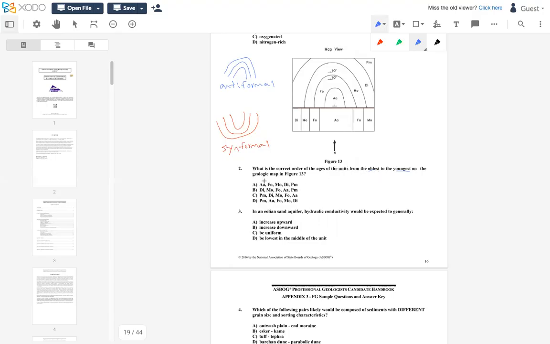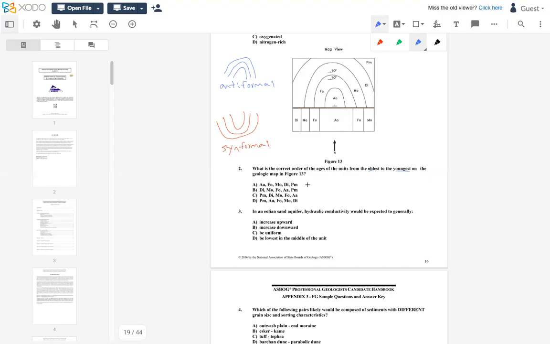So option A says FO is the oldest, then DI, PM. So they're saying that the younging direction is this way, away from the core. I remember that antiquity in the middle is how I remember that the older units are in the core of an anticline.